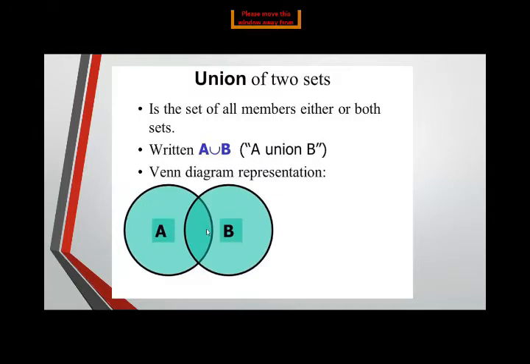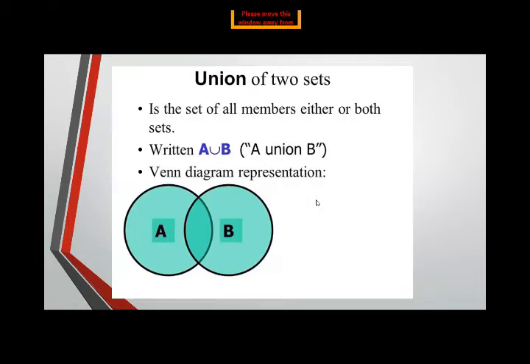Here we draw two circles which are overlapping each other. The first circle is for set A, the second circle is for set B. And the part which is overlapping is the central part, which has the elements in both sets.